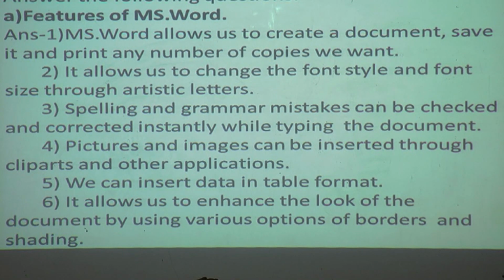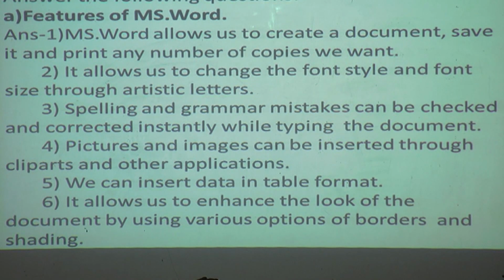We will read from first. What is the feature of MS Word? Everyone read with me. MS Word allows us to create a document, save it and print any number of copies we want. Second one, it allows us to change the font style and font size through artist letter. Third one, spelling and grammar mistakes can be checked and corrected instantly while typing the document.